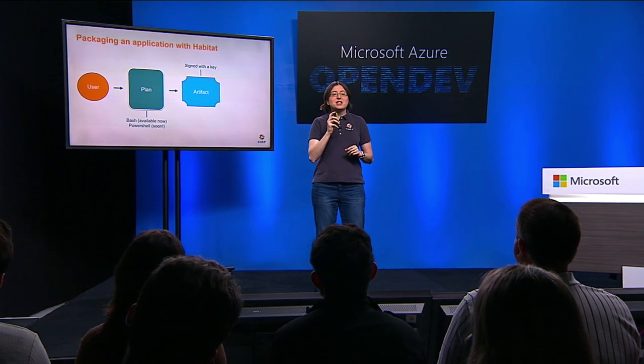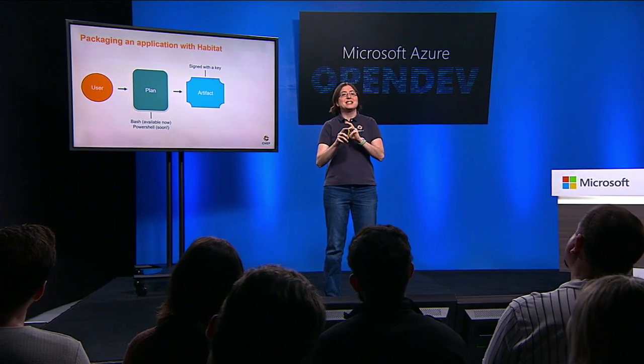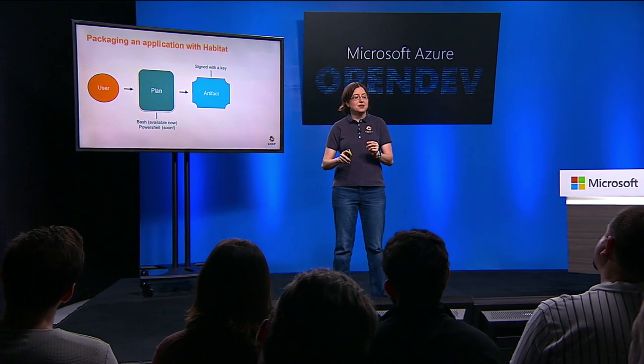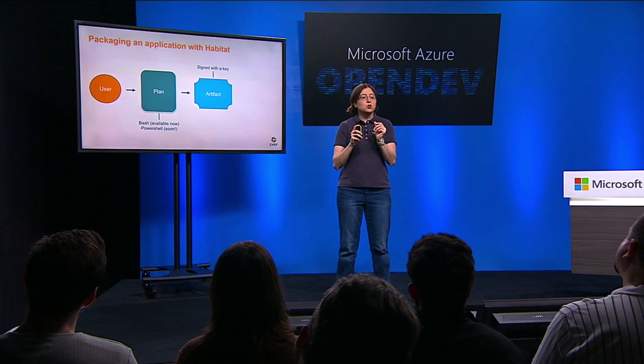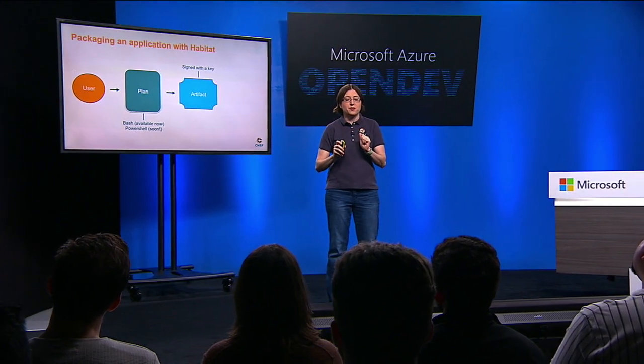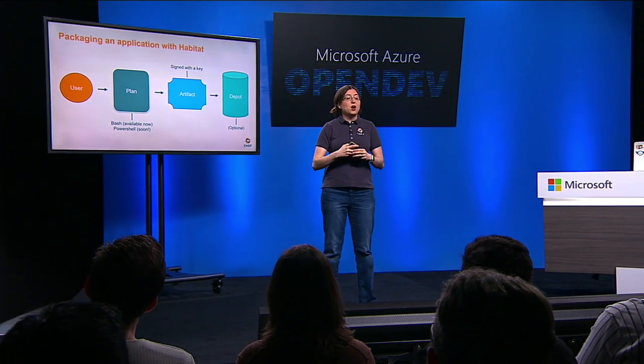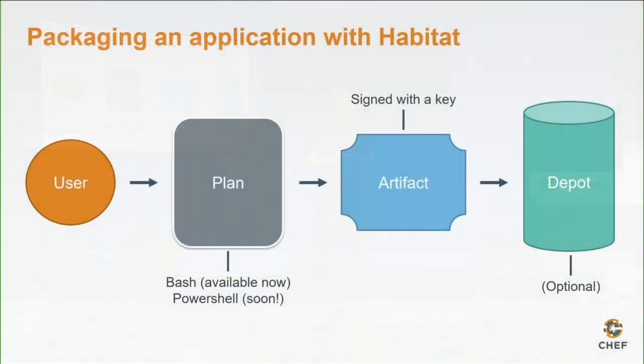Now, you use that plan and the compiled application code to create an artifact that contains everything in one place. This artifact is cryptographically signed with a key, and I'll show you how that key is used in just a moment. Then you can optionally upload that artifact to the public Habitat depot, where you can find Habitat packages by developers all over the world.